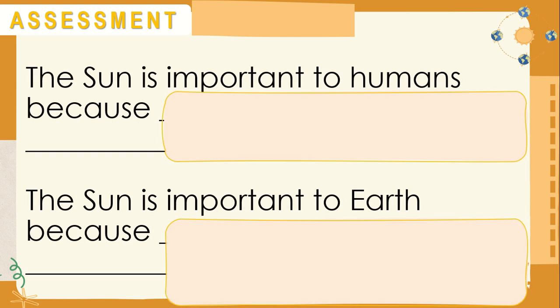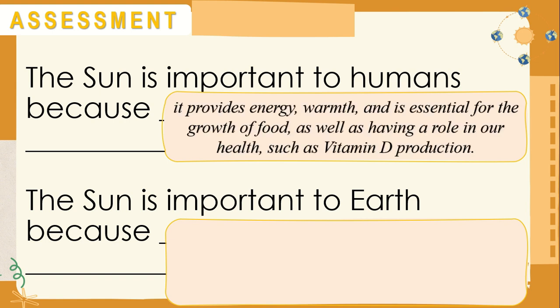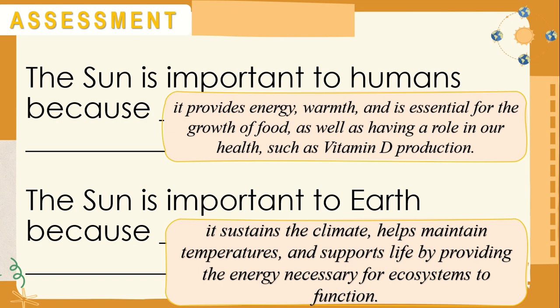The sun is important to humans because it provides energy, warmth, and is essential for the growth of food as well as having a role in our health, such as vitamin D production. The sun is important to Earth because it sustains the climate, helps maintain temperatures, and supports life by providing the energy necessary for ecosystems to function.